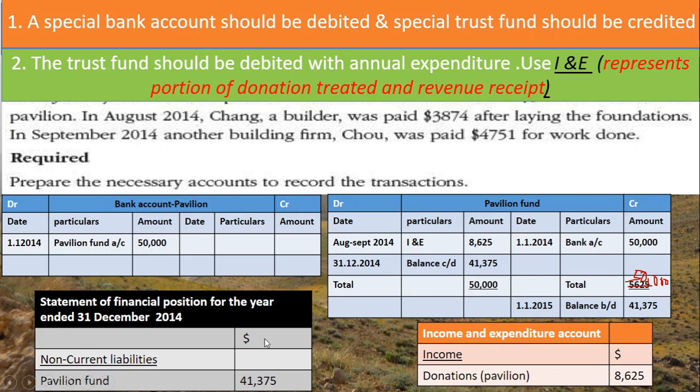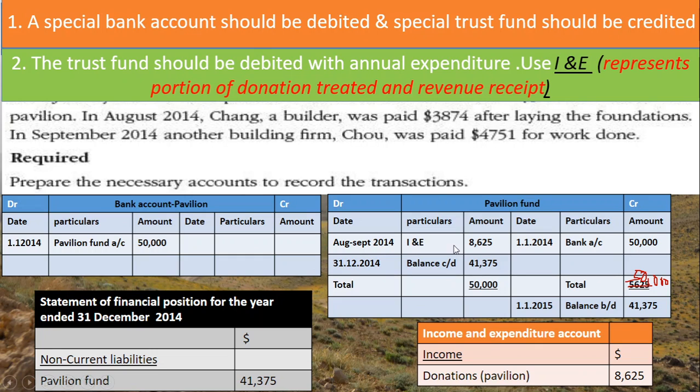So this is exactly similar to our life membership subscription received. Like in our previous class, the way we had treated life membership fees is the same thing out here.